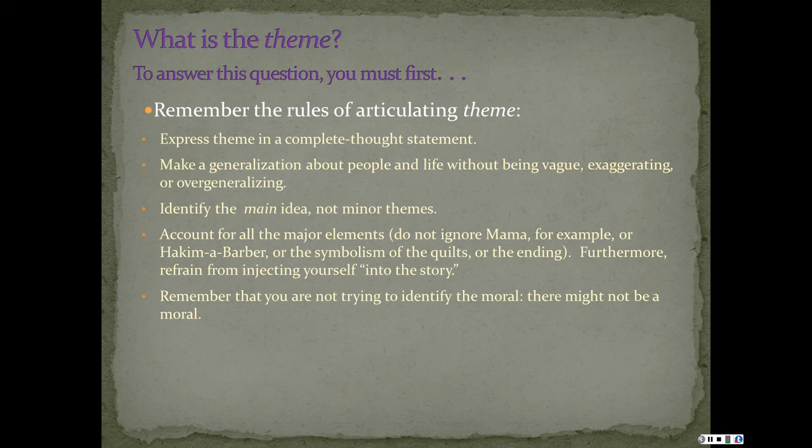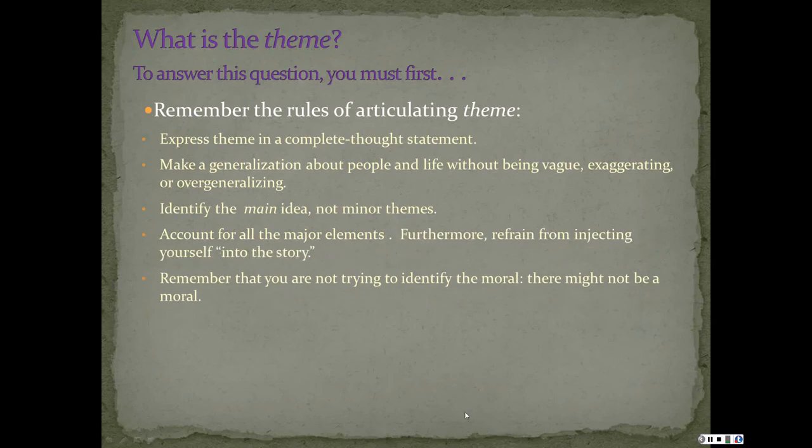Remember that it is a complete thought, a sentence. It is a generalization about people and life. It identifies a main idea, not minor ones, and it accounts for all the major elements.